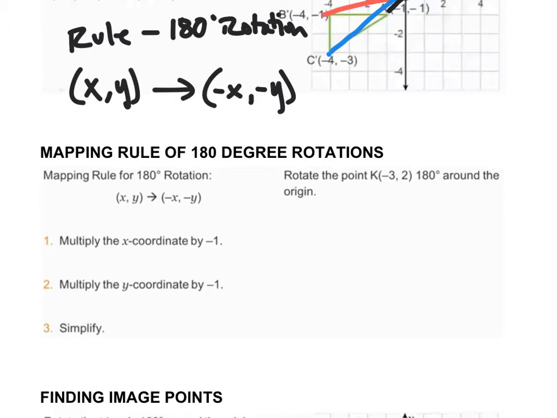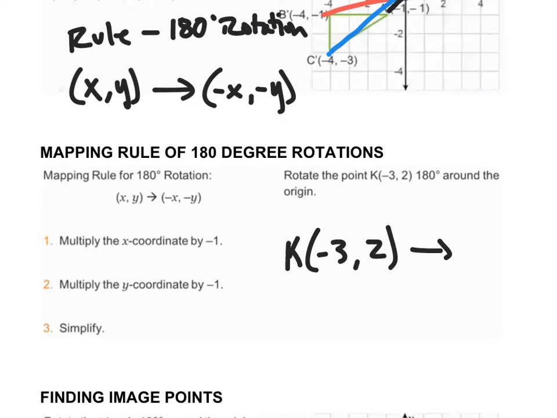And so what we want to do is rotate point K 180 degrees around the origin. What they tell you to do is multiply the x coordinate by -1, multiply the y coordinate by -1, and then simplify. So if I'm using this rule, the point is (-3, 2), and all I'm really going to do is take the opposite of each.